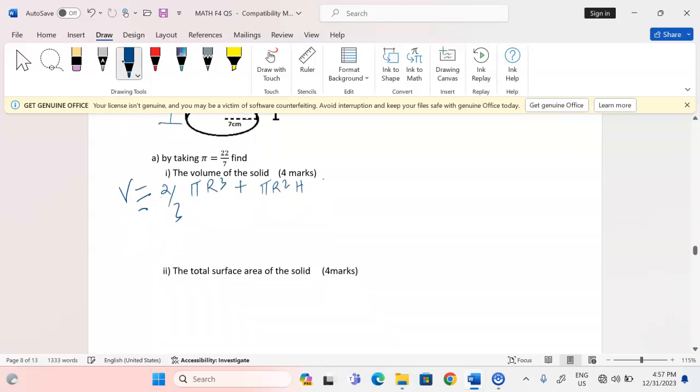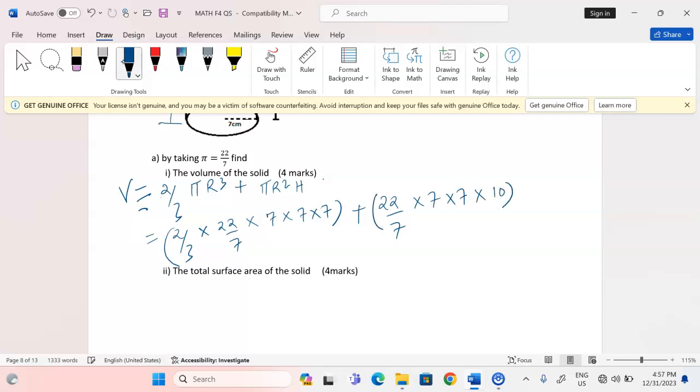When I substitute in the formula, I'm going to have 2 out of 3 times pi, 22 out of 7, times radius, which is 7 cubed. Then we add pi, 22 out of 7, r, which is 7 squared, multiplied by height of the cylindrical part, which is equal to 10 centimeters.